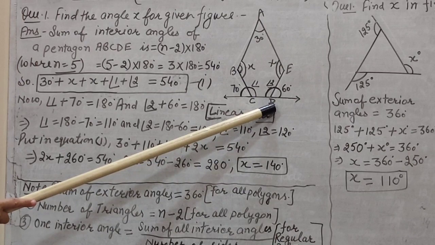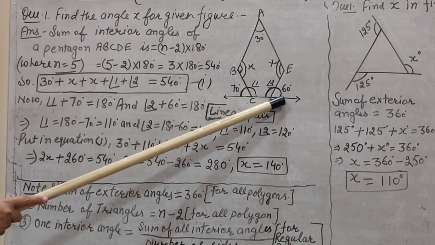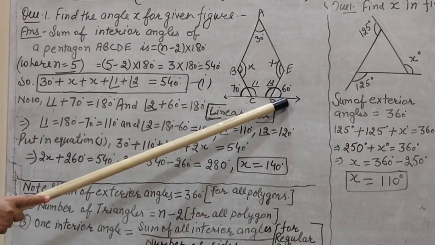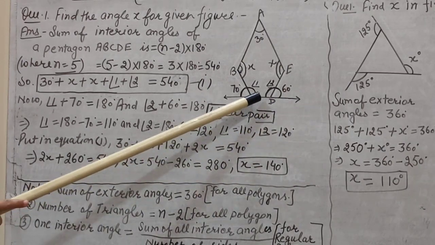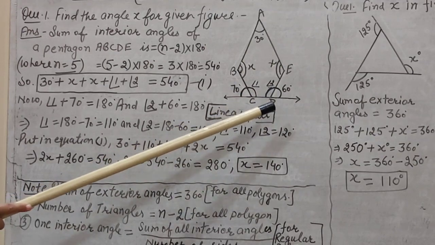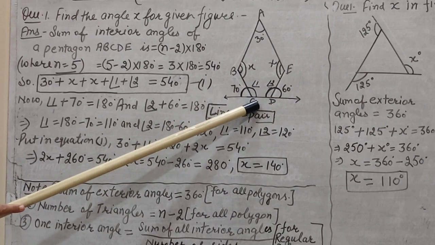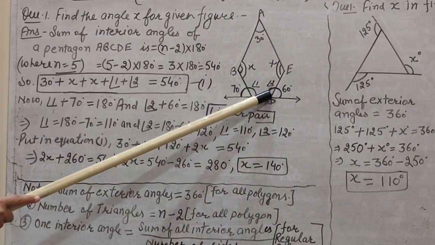Similarly, for angle D, interior angle is not given, but the exterior angle given is 60 degree. Now, we have to give a name to these two interior angles. We can give the name angle C, angle D, or angle 1, angle 2.